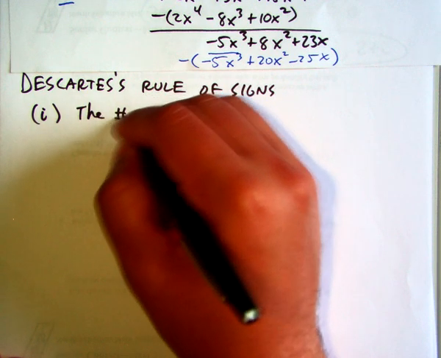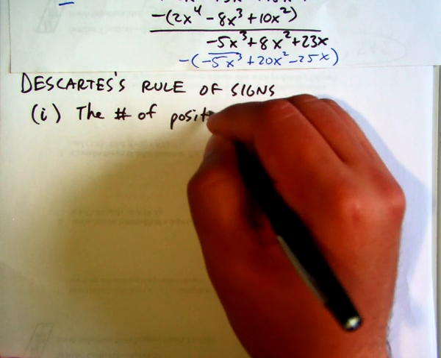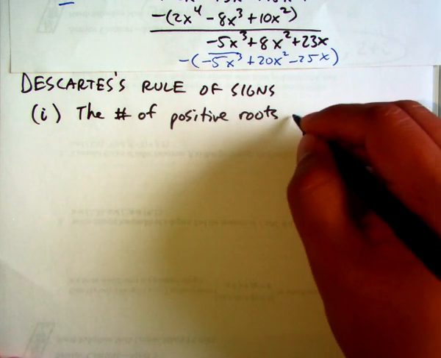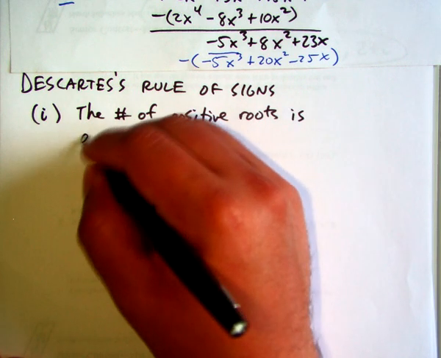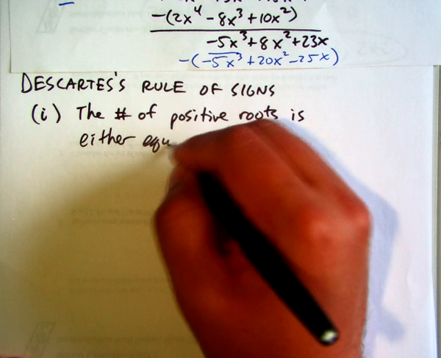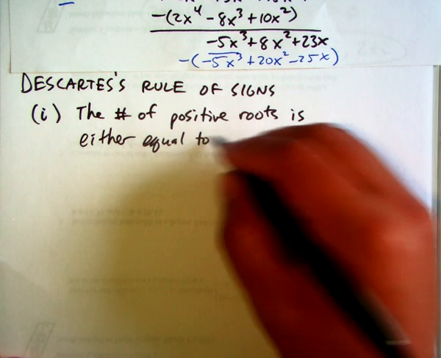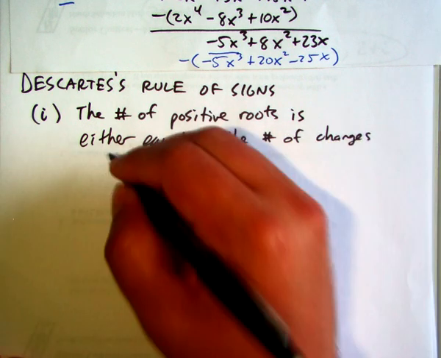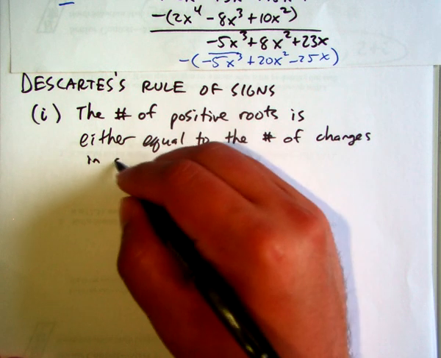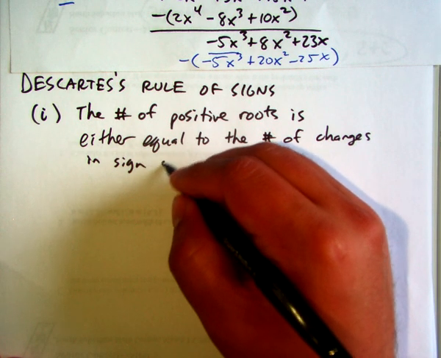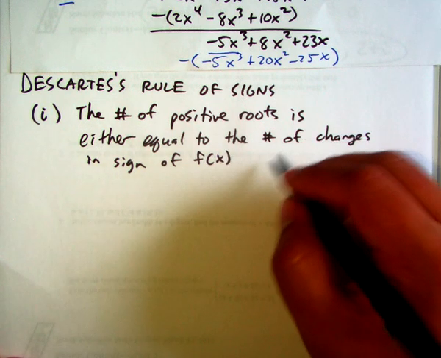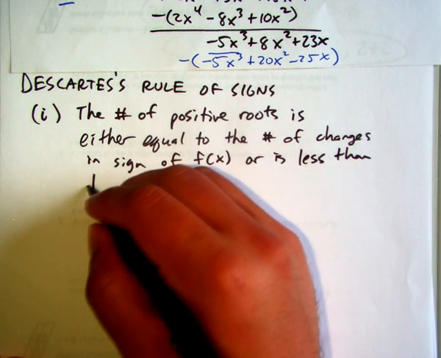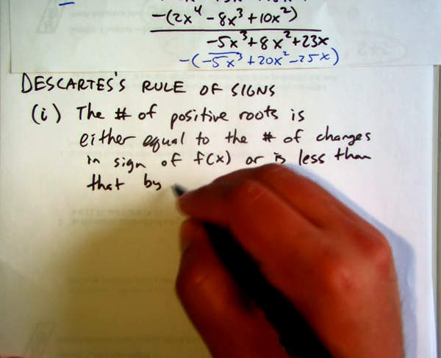The number of positive roots in a polynomial is either equal to the number of changes in sign of f of x, or is less than that by an even amount.